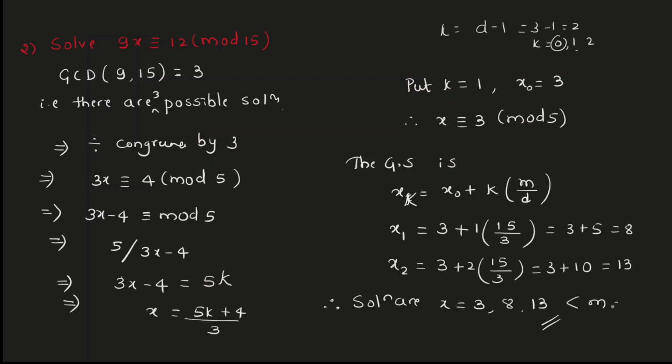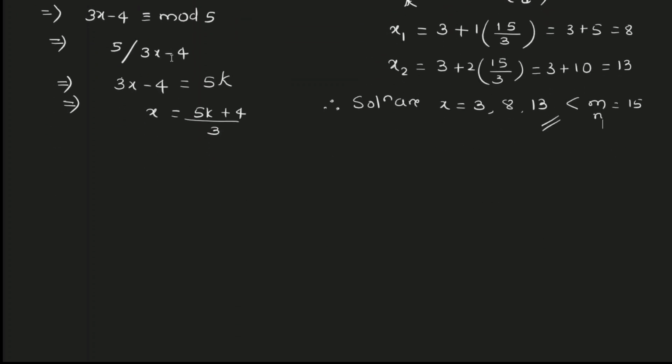For this example, m is 15. We came to know we will get only 3 solutions, and these 3 solutions must be less than your mod, here 15. Just see, 3, 8 and 13 are less than 15. Everything is satisfied. This is how to solve linear congruences.